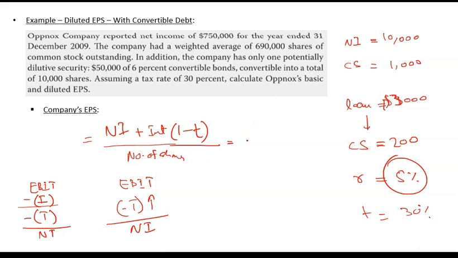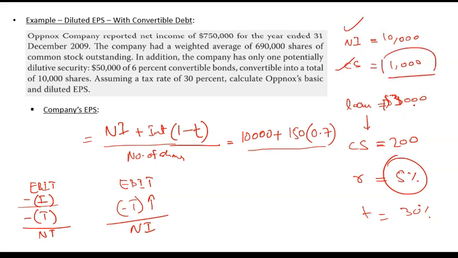So net income is 10,000. Interest expense is 5% of the loan, 5% of 3,000, which will be 150. So 150 multiplied by 1 minus tax rate. Tax rate is 30%, so 1 minus tax rate will be 0.7, that is 70%. Divided by number of shares. Previously I had 1,000 shares.